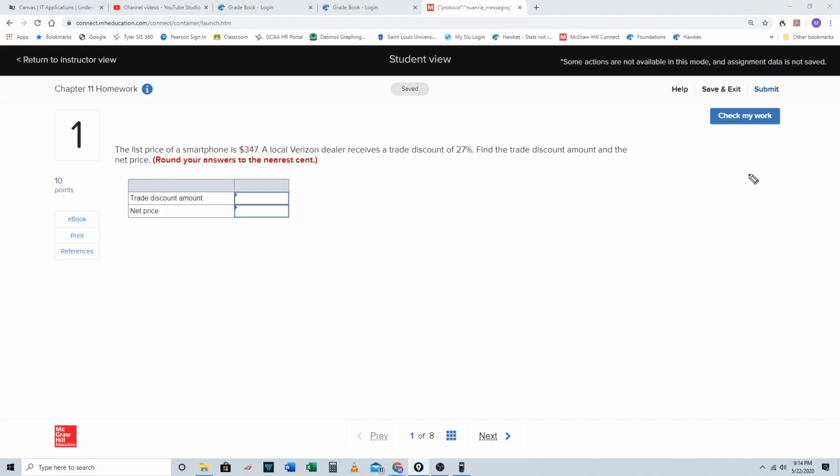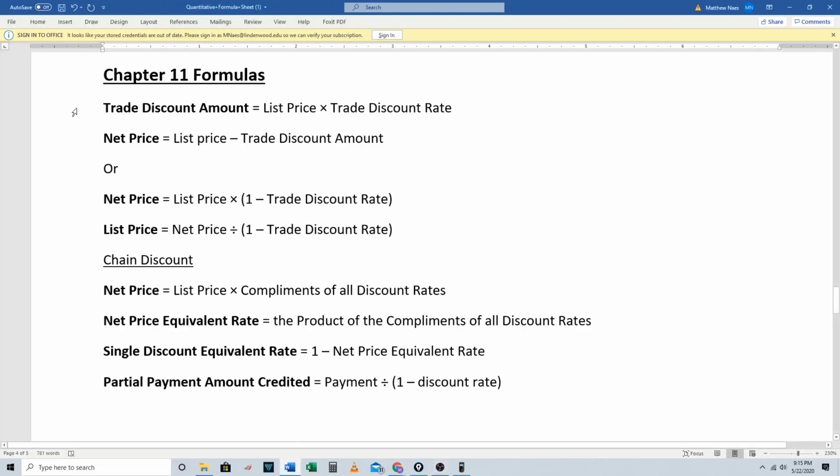So here, trade discount. Again, trade discount is the same concept as regular discount. So using the formulas that were given to us, let me get those formulas out again. So they are right here. So Chapter 11 formulas: trade discount amount is list price times the trade discount rate. Net price equals list price minus trade discount amount.